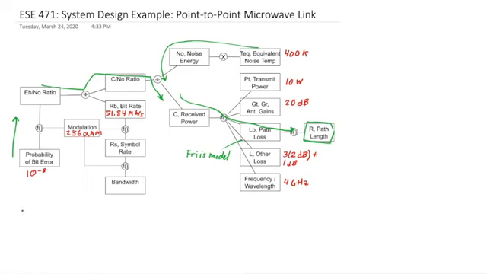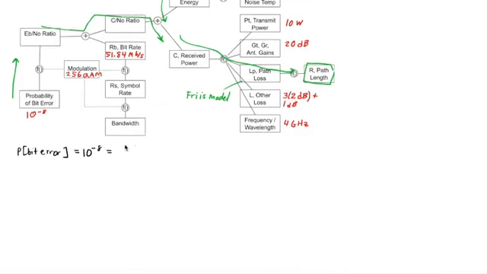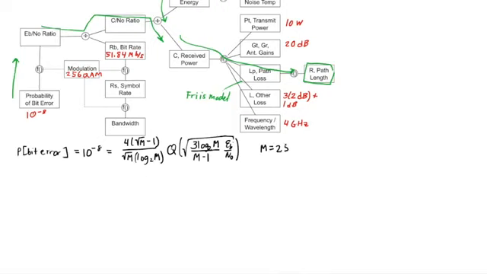Okay, and so our probability of bit error formula says that the probability of bit error in QAM, which here needs to be equal to 10 to the minus 8th, where M is the number of symbols, and this is again the probability of bit error for square QAM, with here M equal to 256.